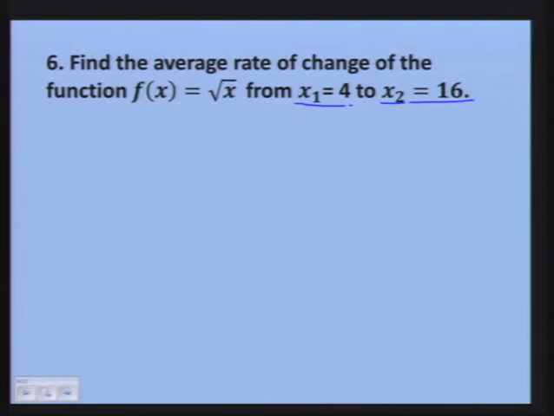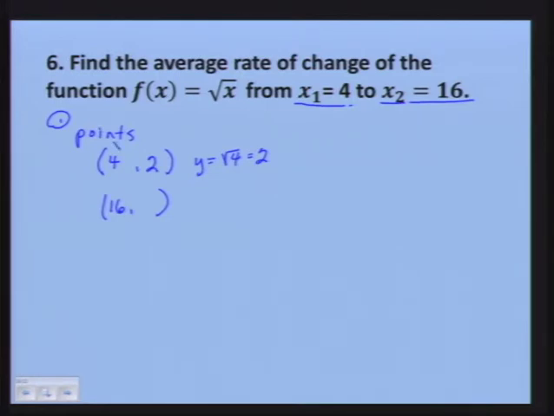So the first thing we want to do is come up with our points. Our first point has 4 for its x, and we'll find its y. The second point has 16 for its x, and we'll find its y. So our y equals square root of 4, which is 2 for this point.